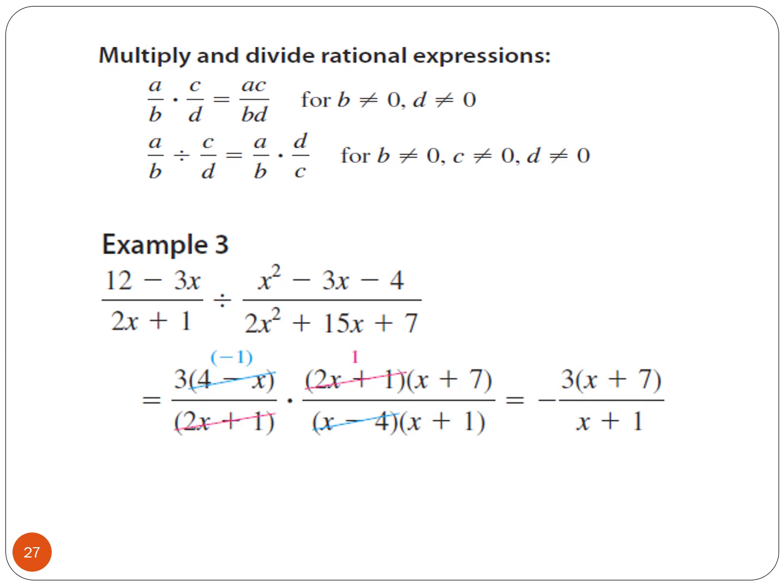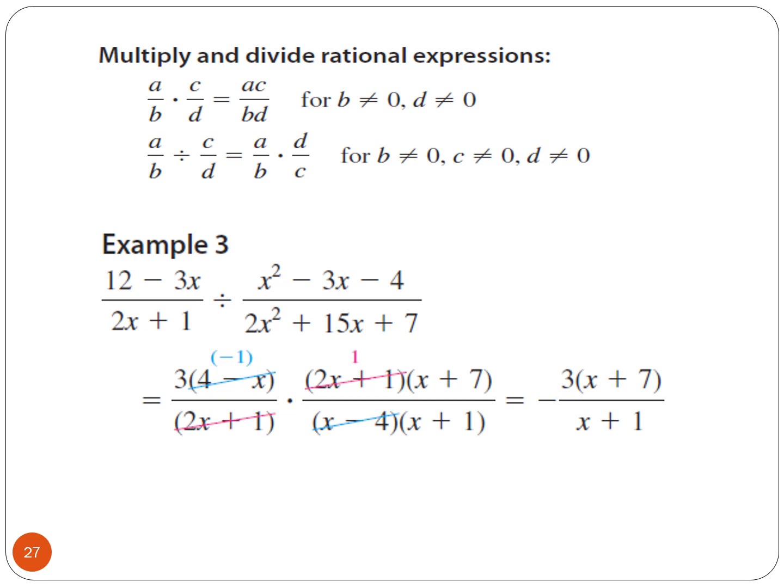For c over d, if you invert it, it will become d over c. This is the rule we know about numbers, which also works for algebraic rational expressions. So here is an example. The first rational expression is 12 minus 3x divided by 2x plus 1. You want to divide this by the second rational expression, x squared minus 3x minus 4 divided by 2x squared plus 15x plus 7.